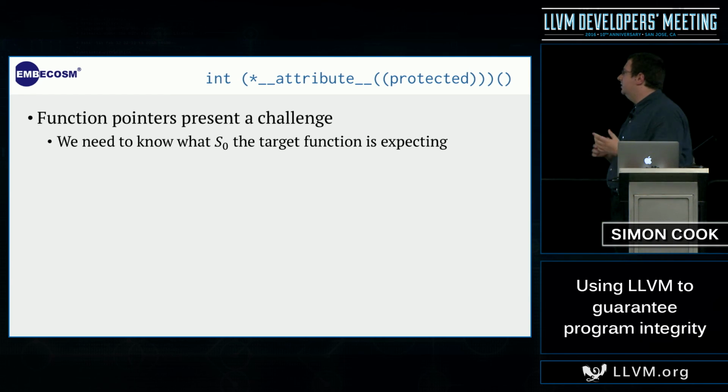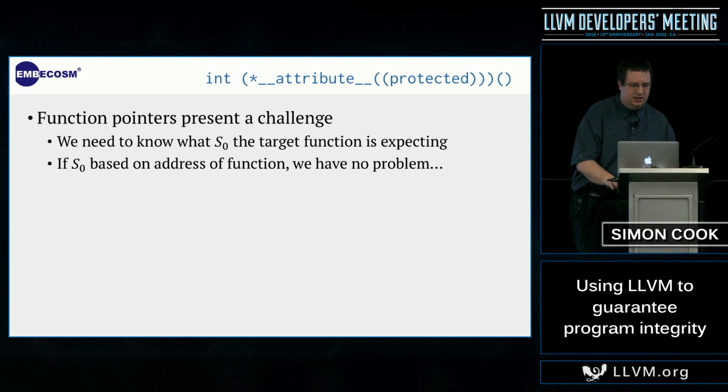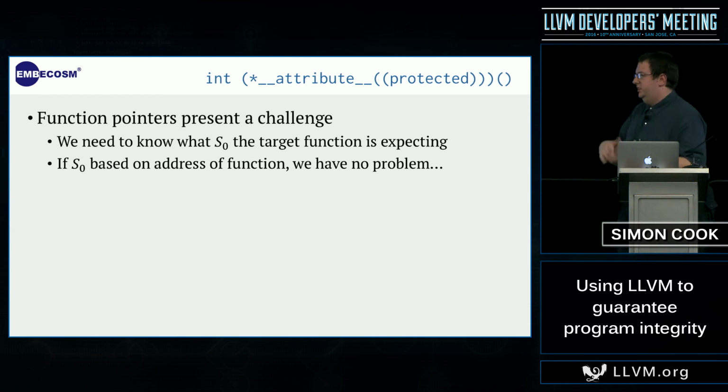There are a couple of solutions for this. If your hardware generates this initial value based on the address of a function, all is well. We can just continue. Function pointers are nice and easy. Otherwise, we need to calculate this.